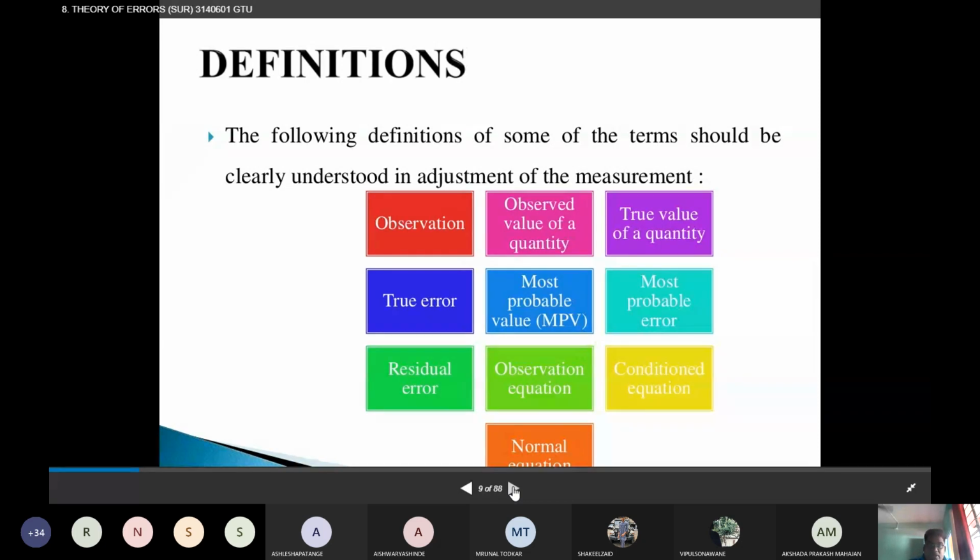Then find the residual errors, observation equations, condition equations, and normal equations. All these terms must be understood properly. If you understand all these terms very clearly, then you can immediately apply them in the field and solve the problems.